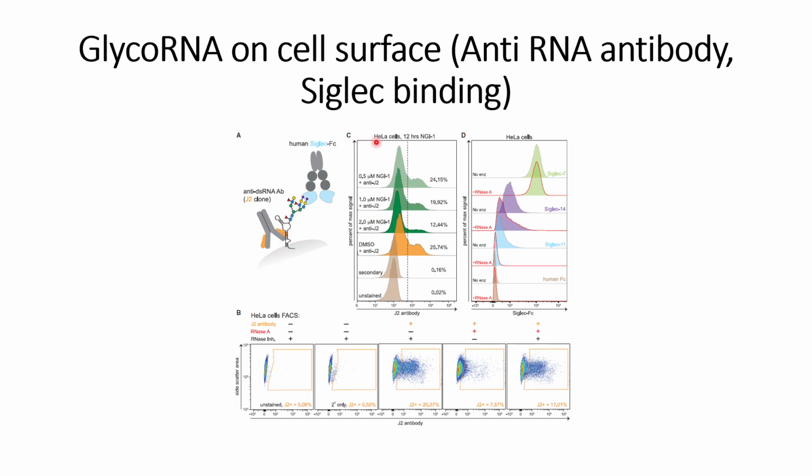So they inhibited the OST, that is oligosaccharyltransferase, function through the inhibitor NGI1, and then they checked the J2 signals. They found that with an increase in the concentration of this inhibitor, there is a decrease in the signal.